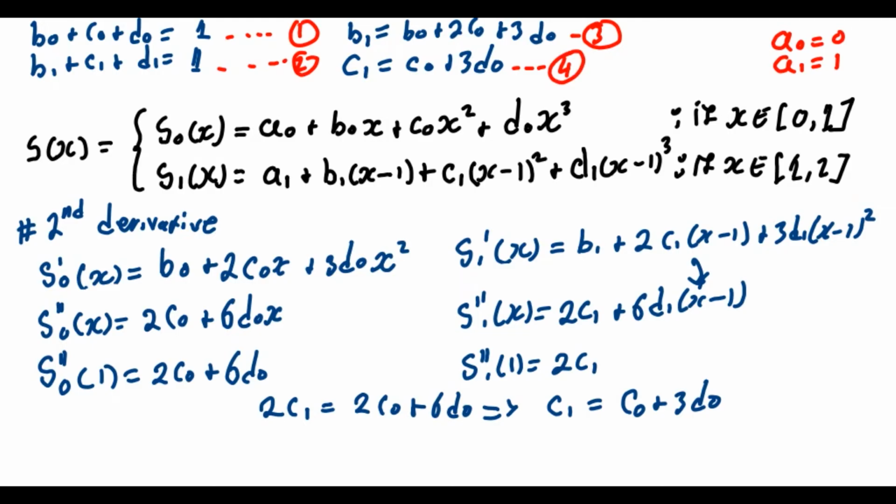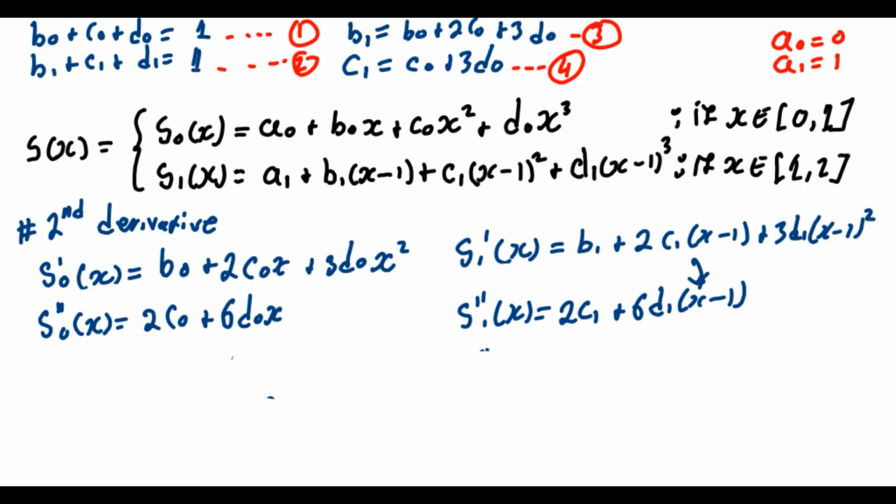Now what else do we have to do? We have done 3 steps so far. The first one was applying the interpolation conditions. The second one was applying the first derivative. The third one was applying the second derivative. Now we are going to apply the fourth part, which is the boundary conditions, and we're going to use the second derivative.